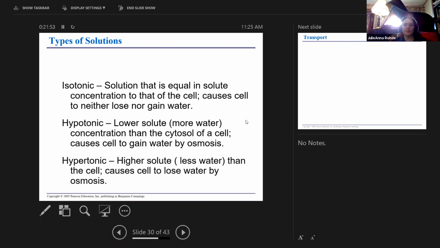Don't try to describe it to me first from the solute perspective and then turn around and describe it from a water perspective. Pick one and stick with it, because I've seen students do that and they usually get themselves twisted up on the test. So just pick whichever one works for you. But there are kind of heads and tails, a flip side of the coin, to the way of looking at it. Okay, so isotonic, hypotonic, hypertonic, your three solution types.